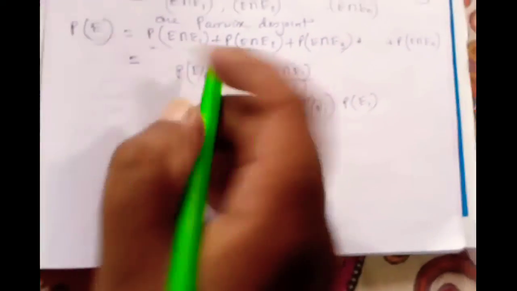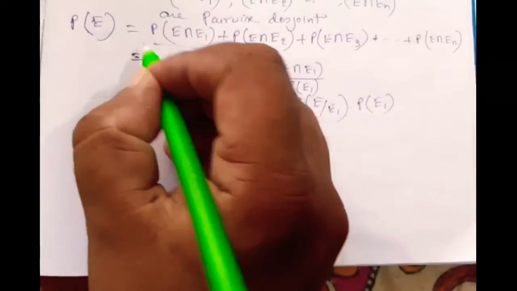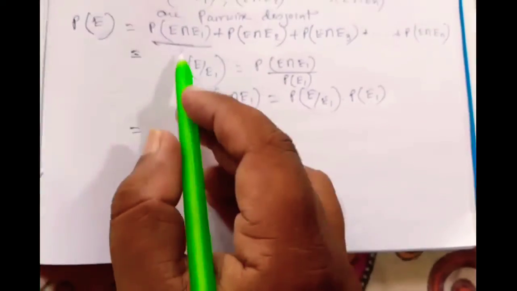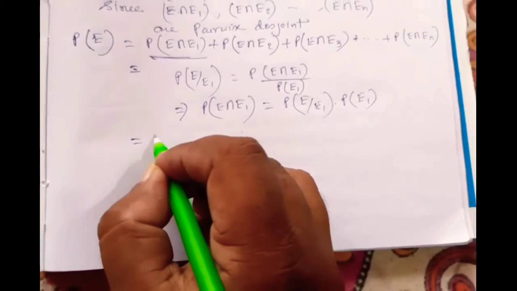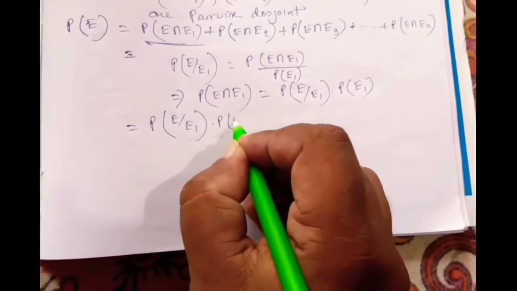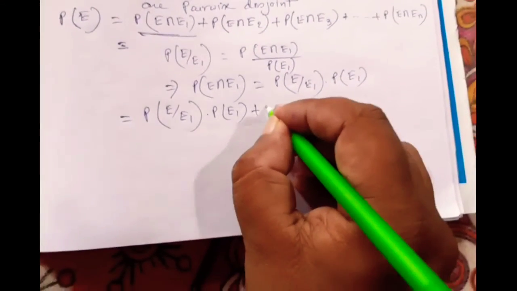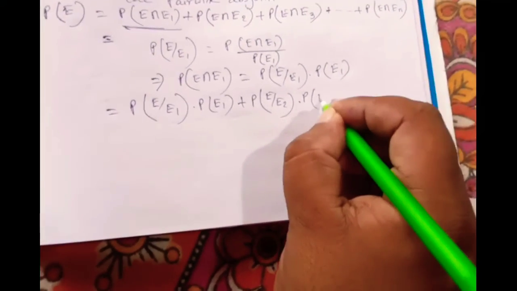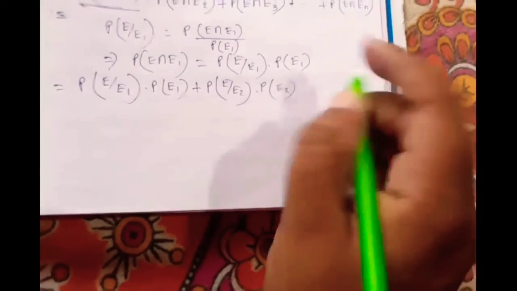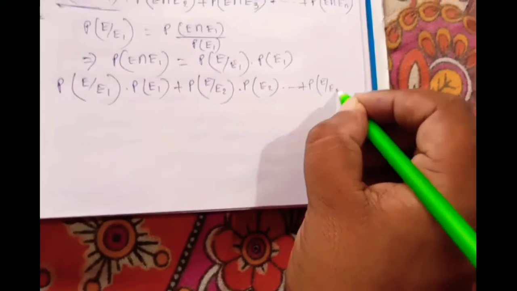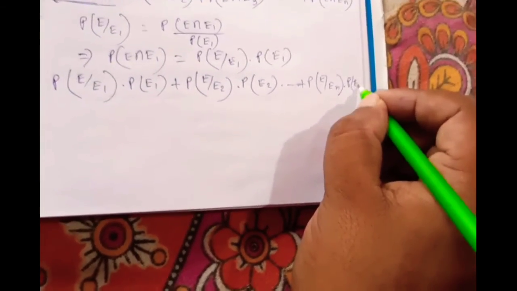Okay, so we are getting P of E equals P of E by E1 into P of E1 plus P of E by E2 into P of E2, similarly P of E by En into P of En. Okay, this is by multiplication theorem.